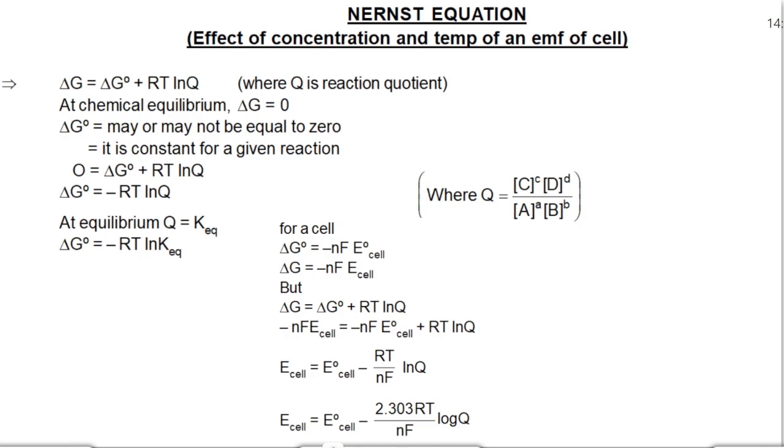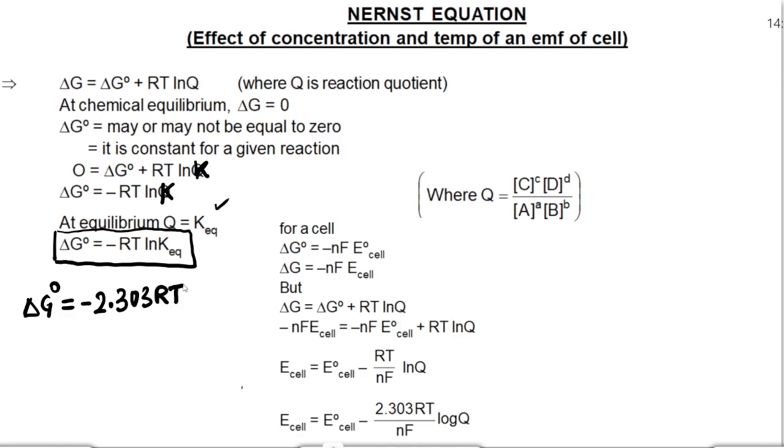So delta G naught is equal to minus RT natural log of K, because at equilibrium we can take Q as K. So this is the first expression: delta G naught is equal to minus RT natural log of K, or delta G naught is equal to minus 2.303 RT log of K.